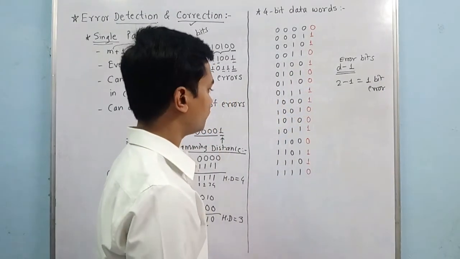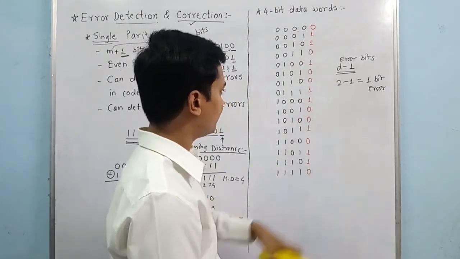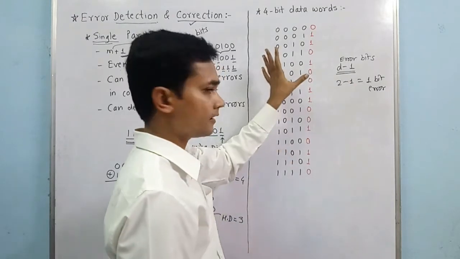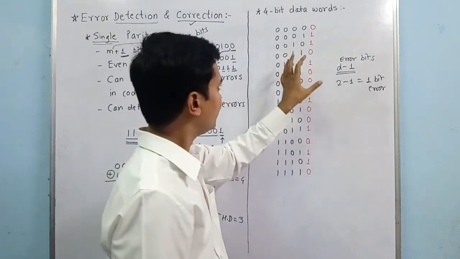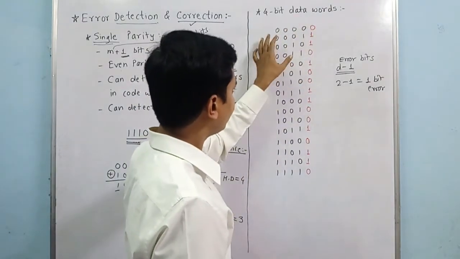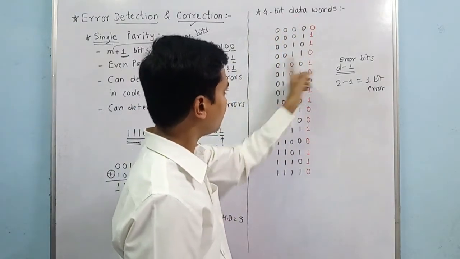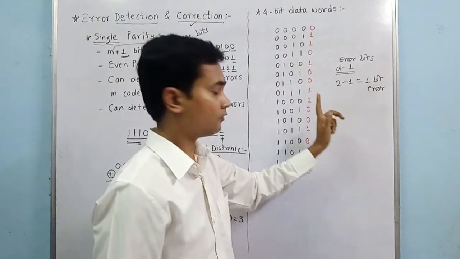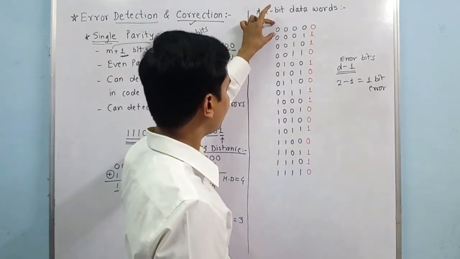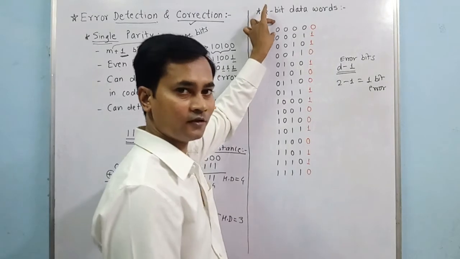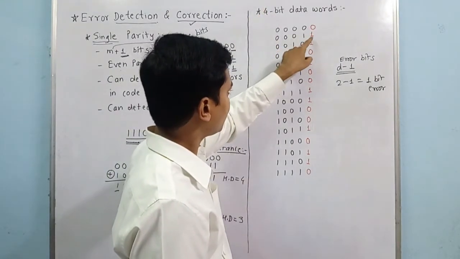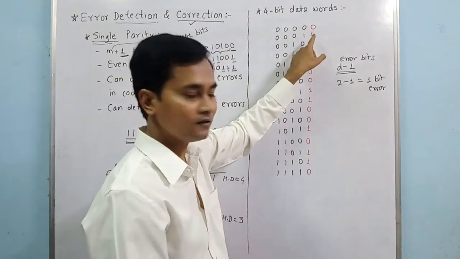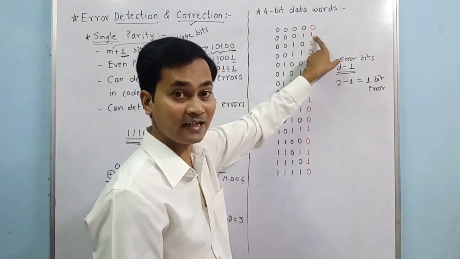Now, what I have written here in red color: if you are considering that this is even parity, then to make it even, the number of ones in all the combinations should be even. In the first combination the number of ones is 0, and 0 is an even number. In the second combination, to make the number of ones even, a logic 1 is added here.